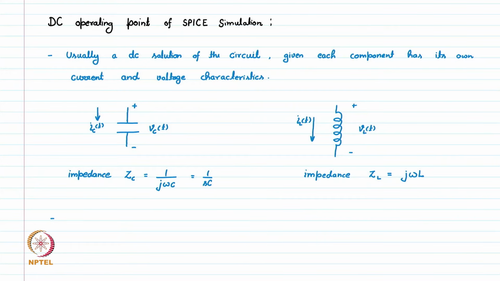So the output data will be displayed as a list of node voltages and branch currents at steady state.